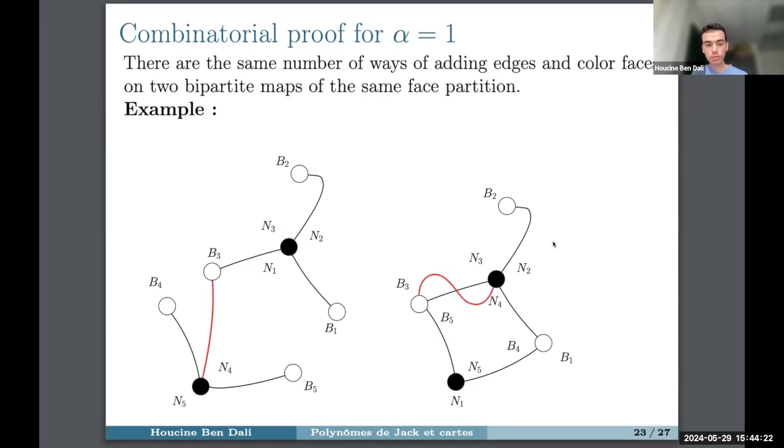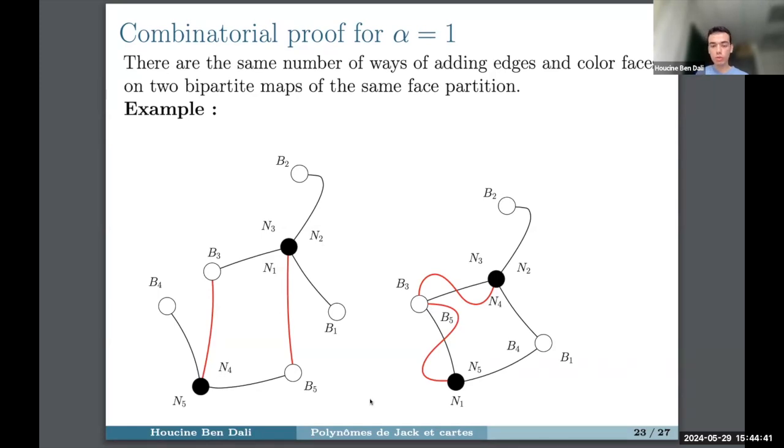So now, each time I add an edge here, we can just copy the same thing here. Here we have an edge between the corners B3 and N4; we add it between B3 and N4. We do the same thing: we have an edge between N1 and B5, so we add an edge between N1 and B5.